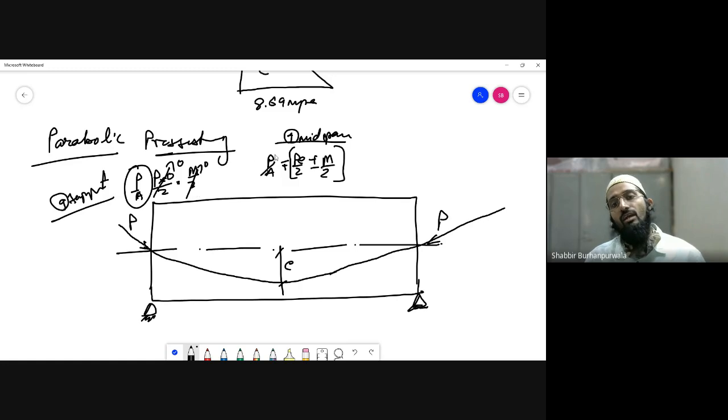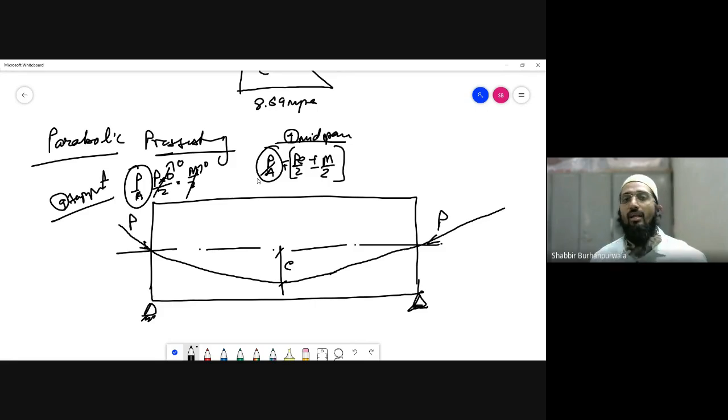So the majority of the stress left is going to be P by A and whatever is the difference of these two, which is going to create a much safer condition for our beam, or the stresses for which we are going to design are going to be under the range of design.